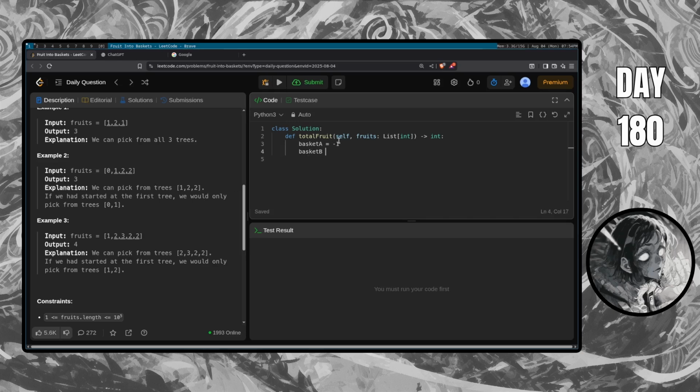So basically what we need to find is the length of the longest consecutive run with at most two different integers, the biggest length you can have with two different integers.